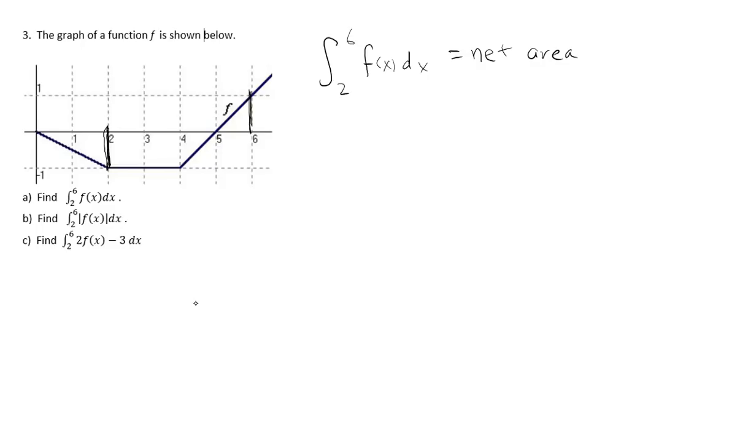Now, in the integration case, what it means is that it's the area, but when it's under the x-axis, you consider the area to be negative. So all these here are considered negatives, but over here, this one is considered positive because it's over the x-axis. So what's the net area? Well, think of it like this.